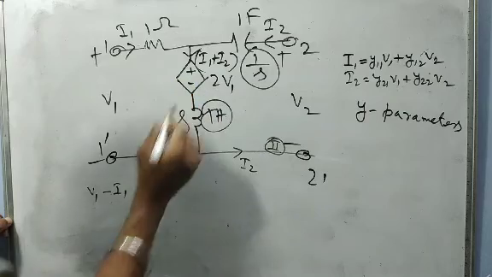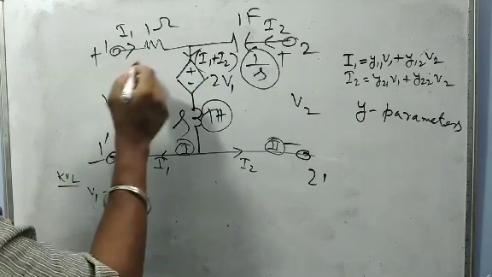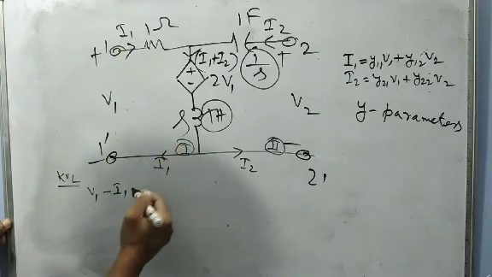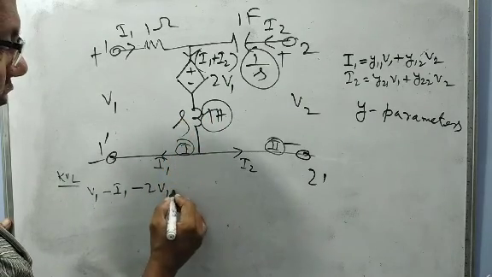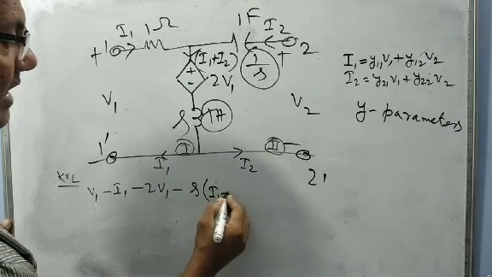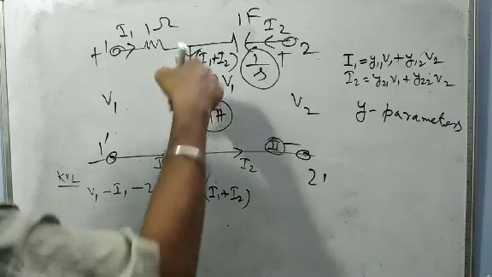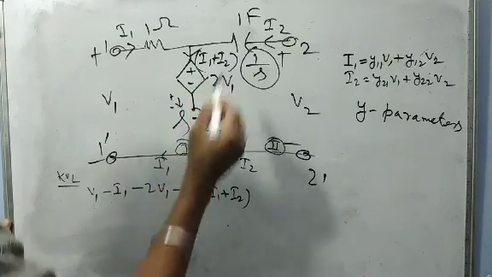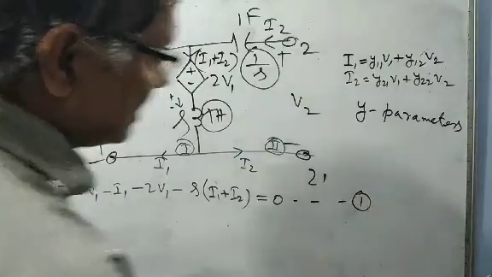Then here, what is the voltage source? We are writing the KVL equation. So I1 into 1 means I1. So here it is 2V1, and here you will be writing S into I1 plus I2. Minus, because the current is coming here, so plus to minus is minus, S into I1 plus I2, and the circuit is completed, and this becomes our equation 1.